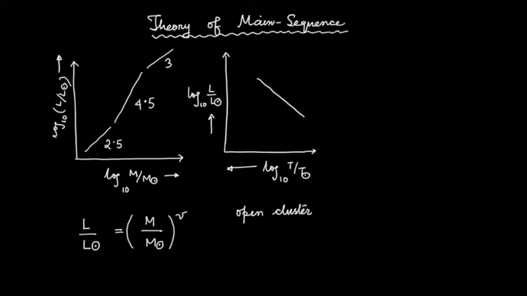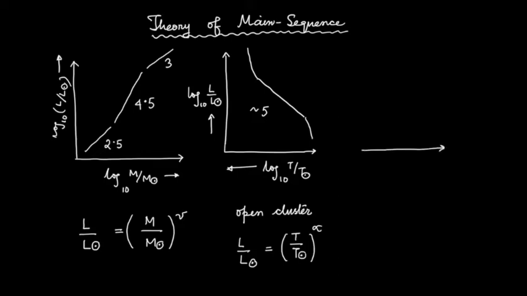And remember, the main sequence was here, and then you have a little bit rising there and a little bit falling there. The main sequence slope comes out to be around 5. Again, basically, L by L sun, if I call the exponent alpha, that alpha is 5.